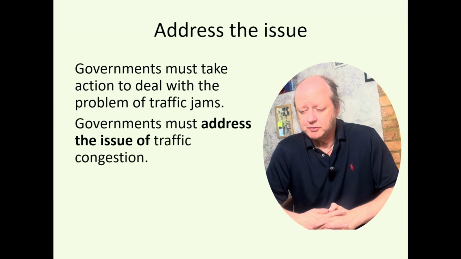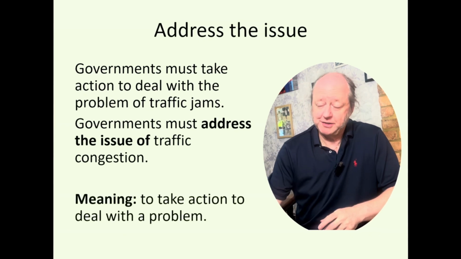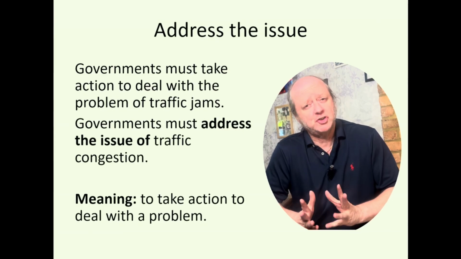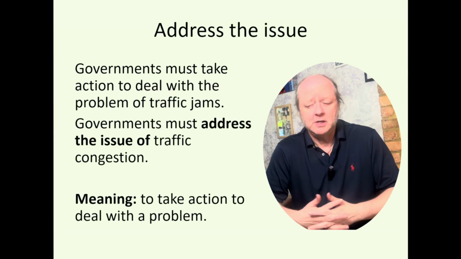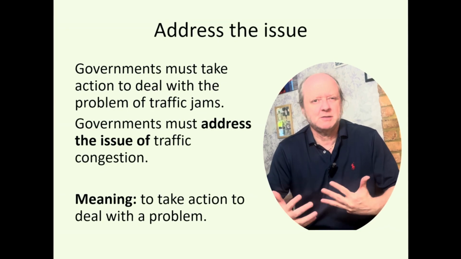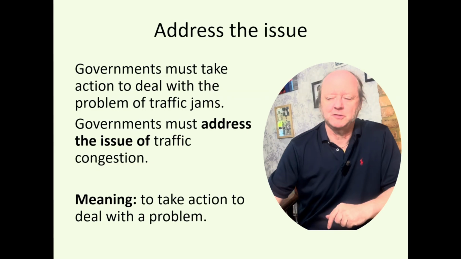Address the issue of traffic congestion. So what does address the issue mean? It means to take action to deal with a problem. So must take action to deal with a problem becomes must address the issue. And also we've changed traffic jams, which is quite informal, to traffic congestion. Same as traffic jams, you can't move your car because there's too many of them, basically.